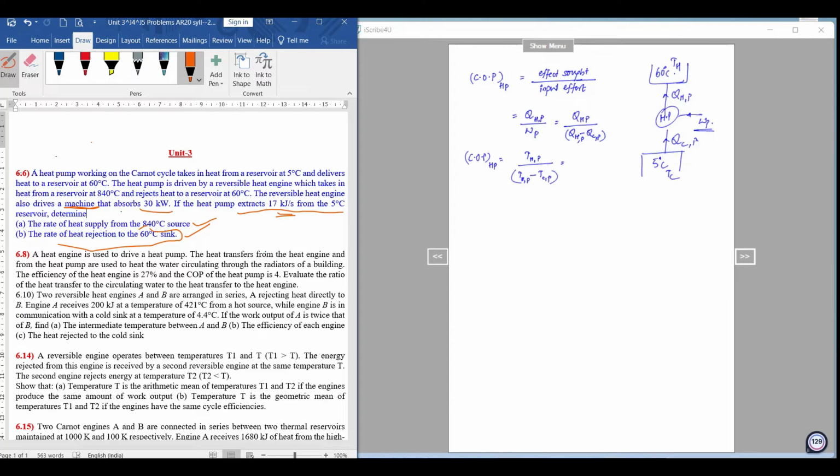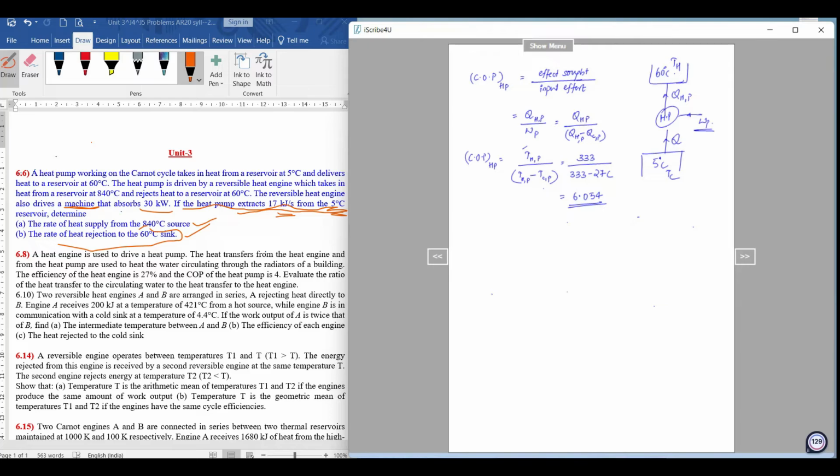So what is T of H comma P? T of H comma P is 333 Kelvin by 333 minus 278. These are the hot reservoir and cold reservoir temperatures. Then you got COP, you can simplify it, this becomes 6.054.